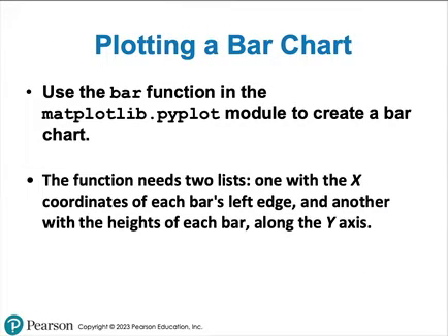If you want to create a bar graph instead of a line graph, there is a bar function that does that. It needs two lists. It needs the x and y coordinates. Well, actually, the first is the x coordinate of the bar's left edge, and the other is the height of each bar.